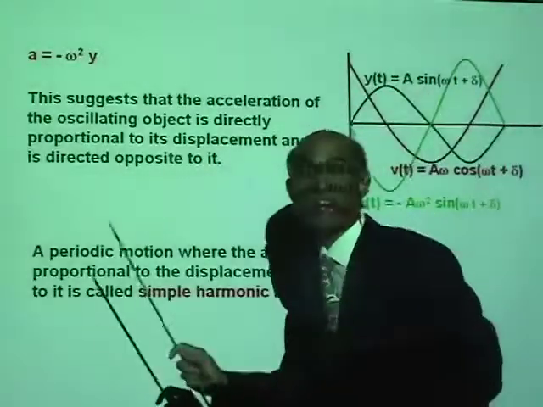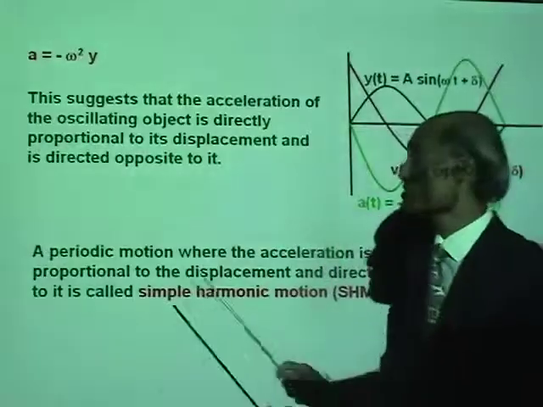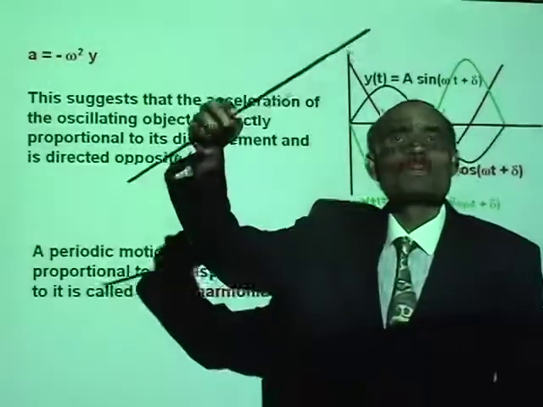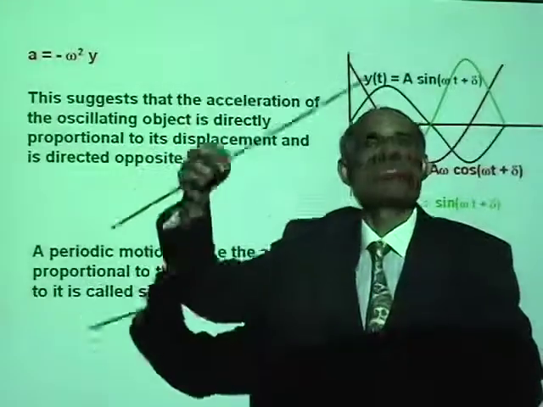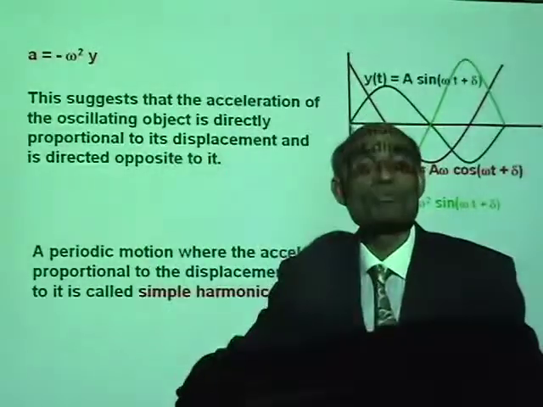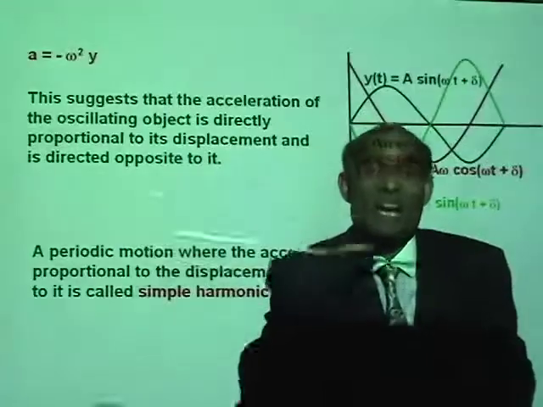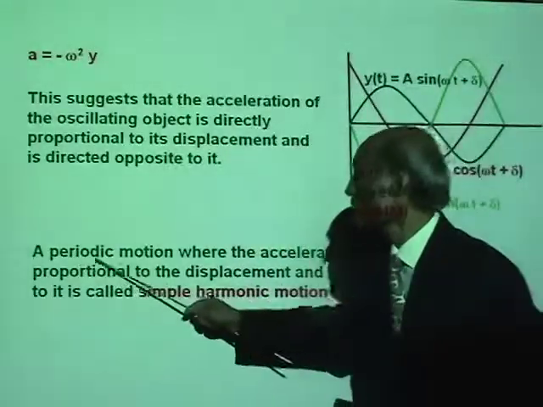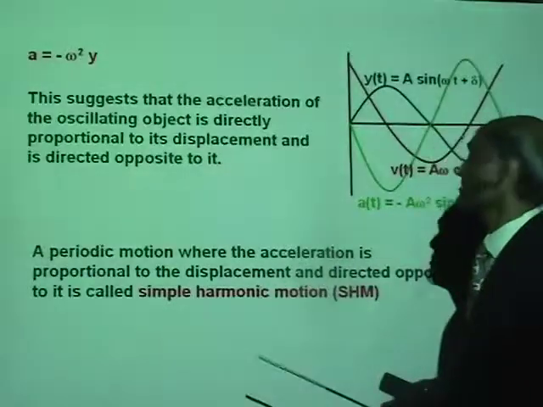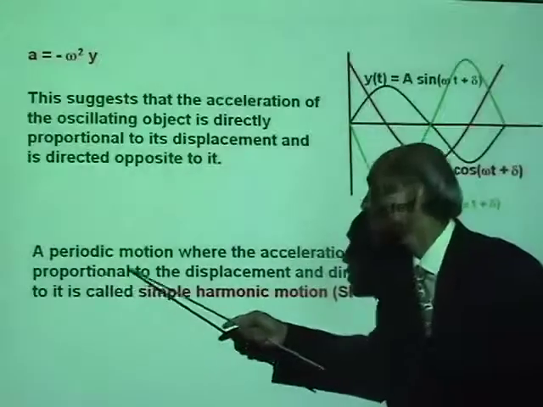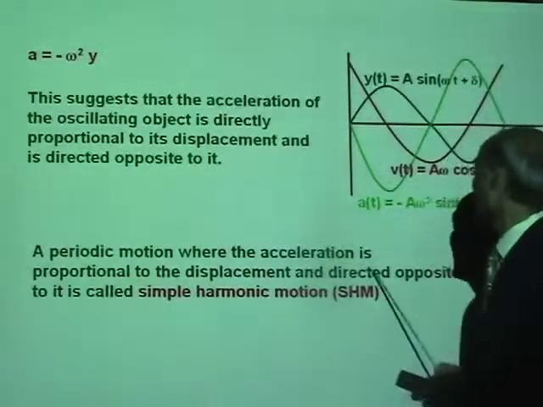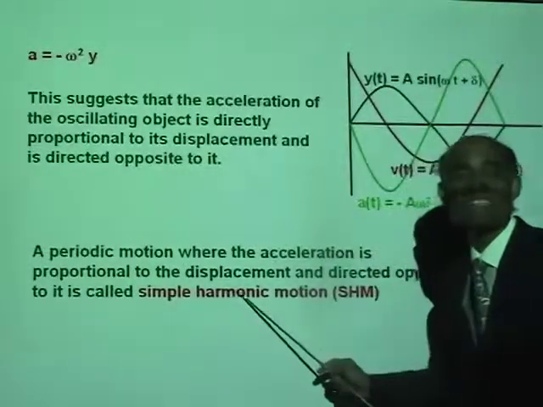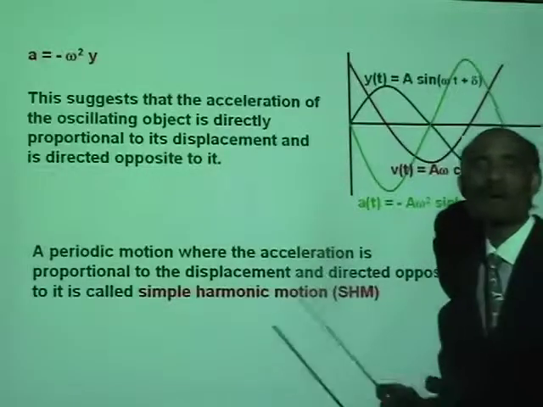Now, such a periodic motion. What is a periodic motion? A periodic motion is a type of motion that repeats itself in regular intervals, such as the oscillations of a loaded spring. A periodic motion where the acceleration is proportional to displacement and is directed opposite to it is called a simple harmonic motion.